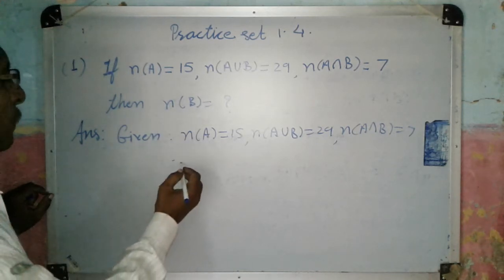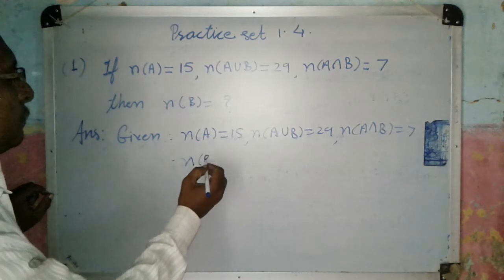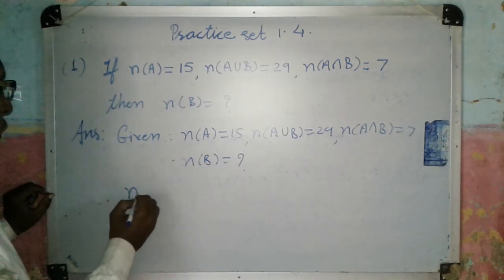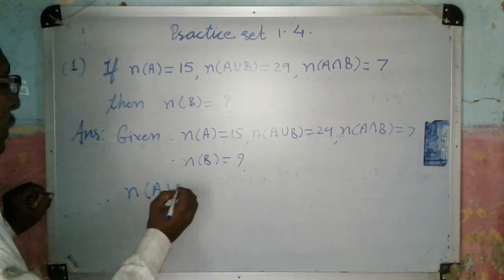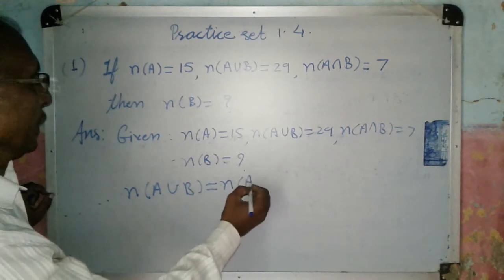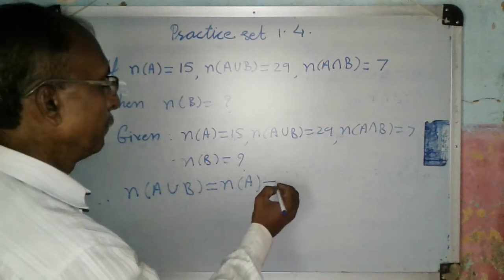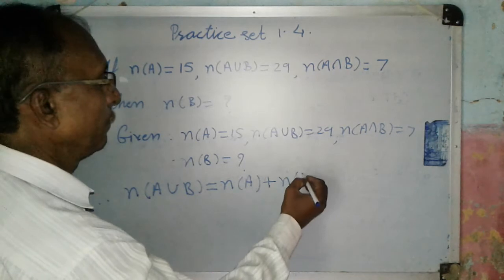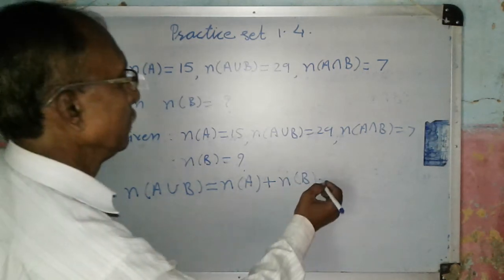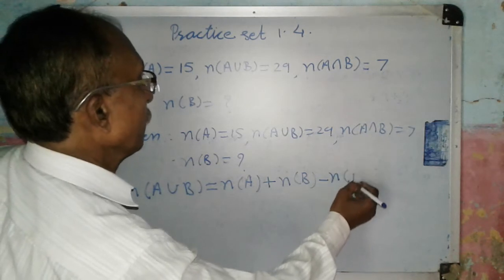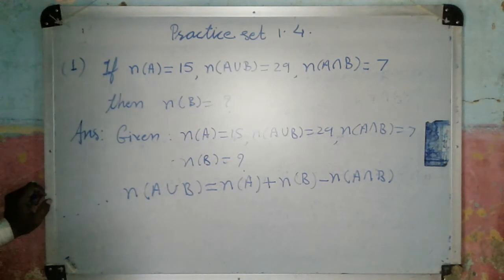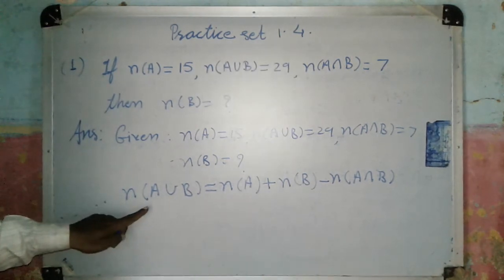So here we have to find number of B. So use the formula. Number of A union B is equal to number of A plus number of B minus number of A intersection B. Now put the values here.